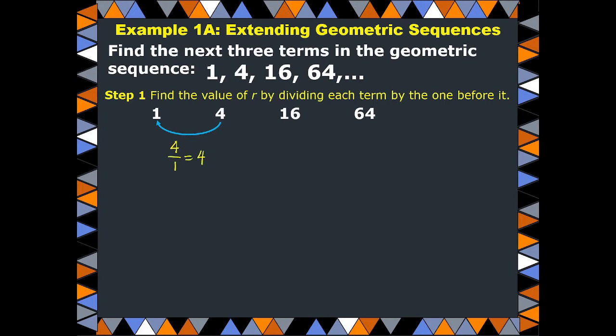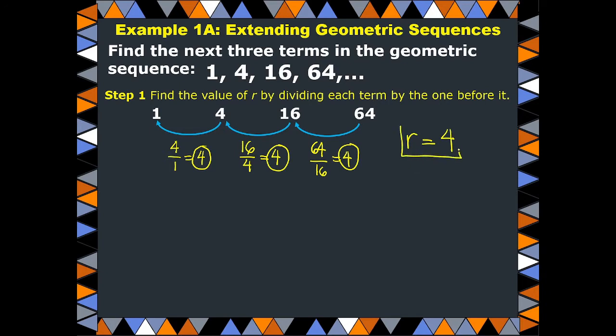If I'm going to divide 16 by 4, I will still get 4. If I'm going to divide 64 by 16, I will still get 4. So therefore, this number 4 over here, this is what you call the common ratio.